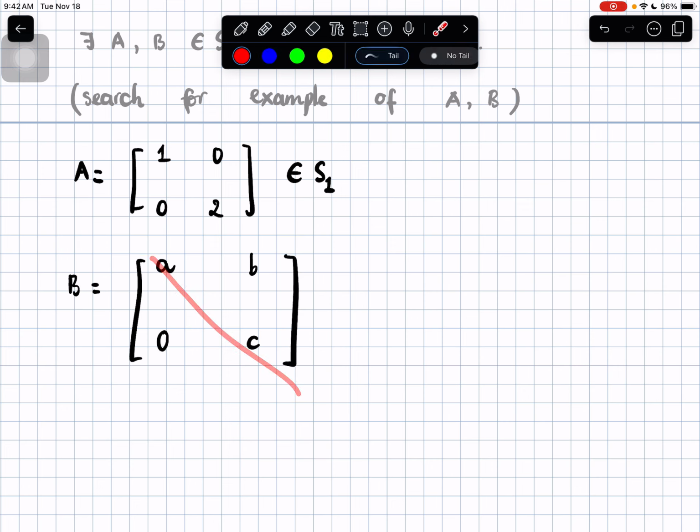here is an upper triangular matrix with two eigenvalues.